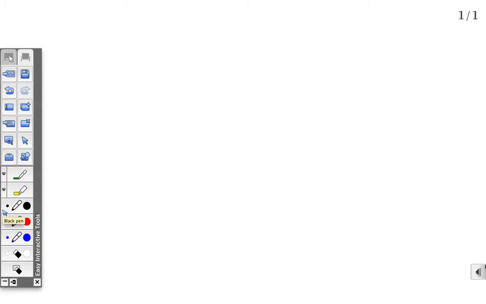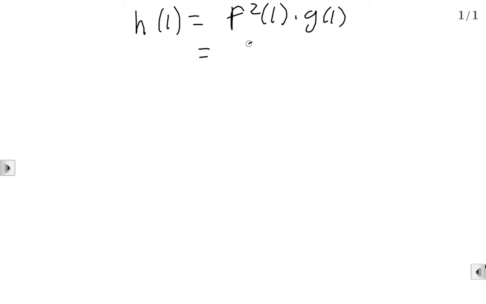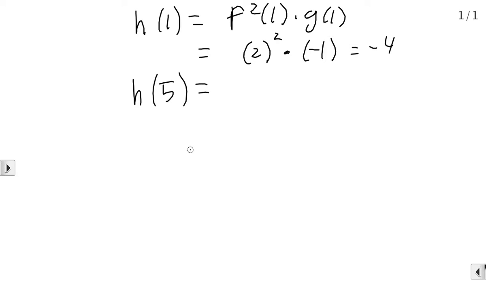So let's do question A. For question A, you have to do a few things. One of them is find h of 1, which means finding f squared of 1 times g of 1, which is 2 squared times, I think g of 1 is negative 1. So h of 1 is negative 4. The other thing we want to find is h of 5.